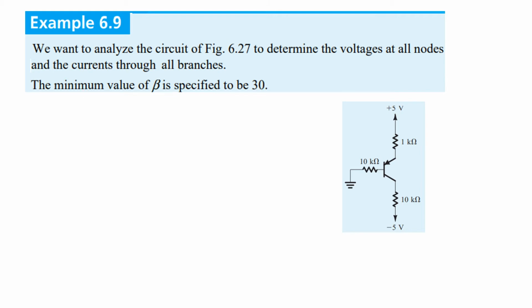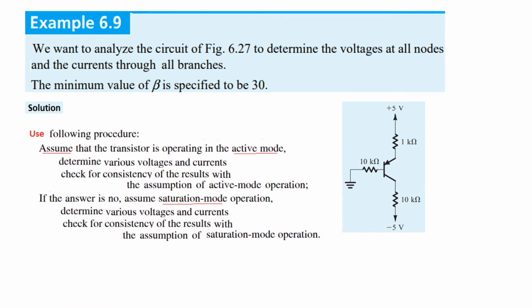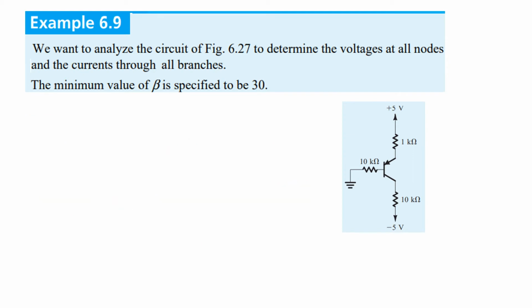Generally the technique followed is that we first assume that the transistor is in active mode, calculate all the voltages, currents, etc., and if they are consistent, then we accept that. If they are not consistent, then we assume the transistor to be in saturation mode, and we again determine the parameters. Let's see how we solve this question.